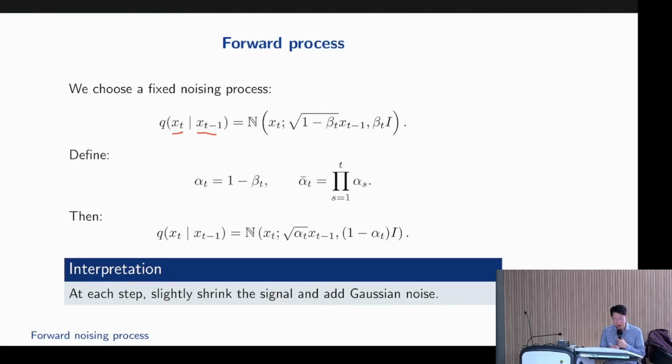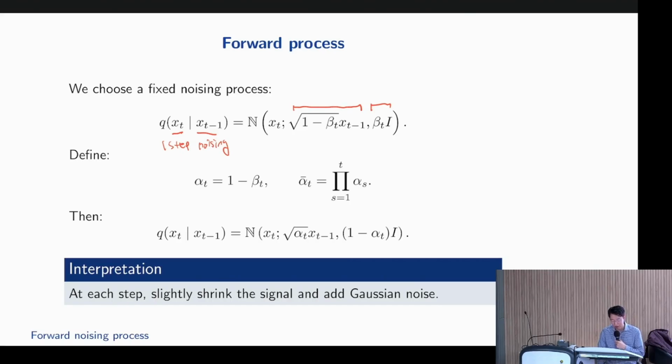So this process defines the noising process. How we're going to add a noise one step. So this is one step noising. The distribution on the random variable for one-step noised image is Gaussian distributed with the corresponding mean and variance.